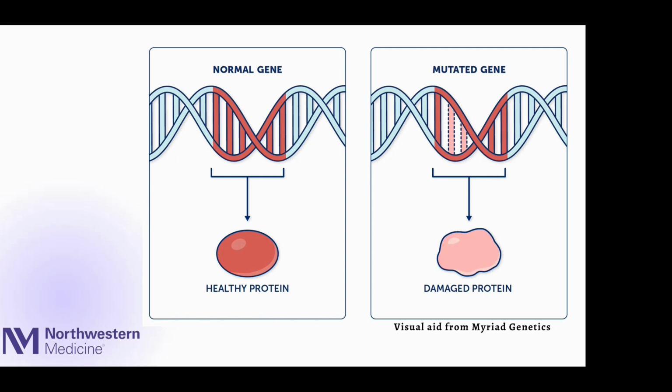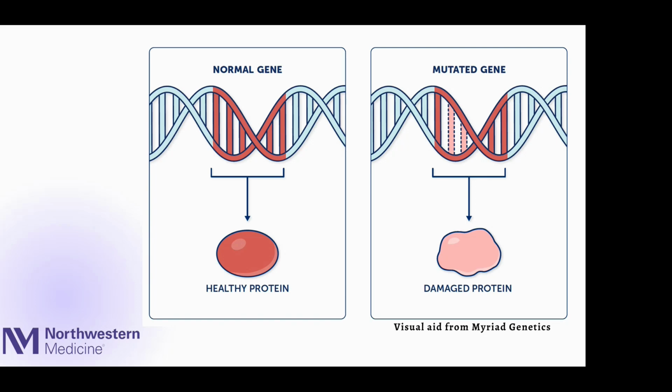If there are changes to any of these genes, that impacts how the gene is read, and normal cells can become cancerous. That's what the image on the left is showing. Normally, our genes code the instructions for specific proteins that regulate cell division. The cells grow, they divide, they make new cells, or they die off if they're too old or damaged. That's the normal process in our bodies.